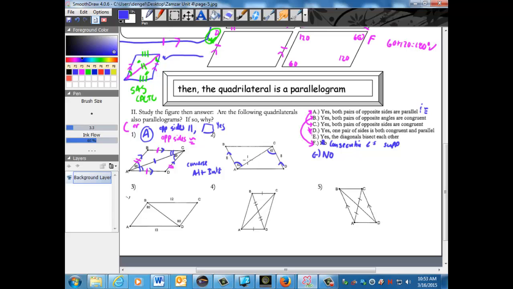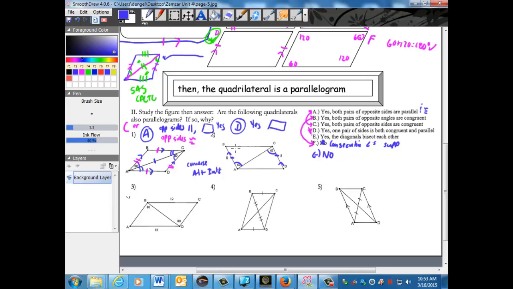These two lines are both parallel. You also have 8 and 8, so put a mark here and 1 mark here. So far, that's all that I'm going to put. Now, from this drawing, we see that answer choice D works. And D works, so yes, the shape is a parallelogram. Why? Well, D says one pair of sides is both congruent and parallel.